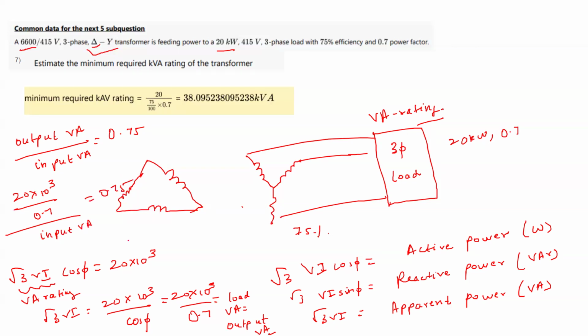So basically the input VA, or the VA rating of the transformer, becomes 20 into 10 power 3 by 0.7 divided by 0.75. This becomes the input or the VA rating of the transformer. Okay, so this is how you can calculate.